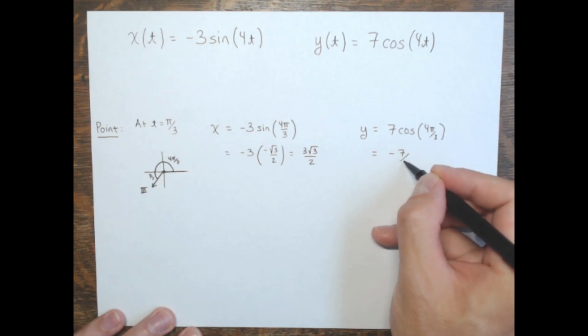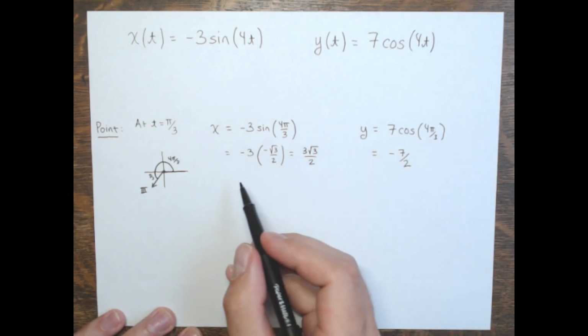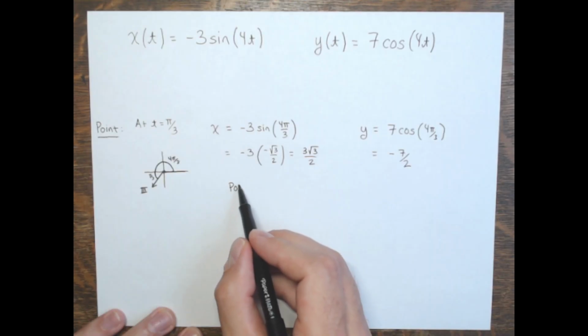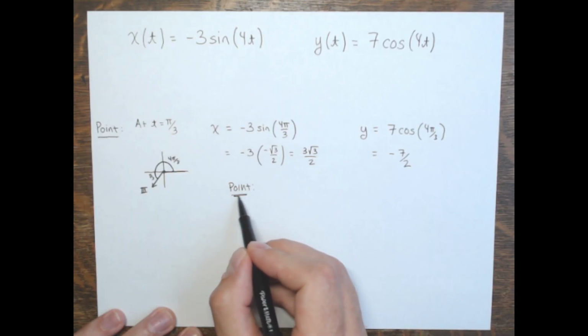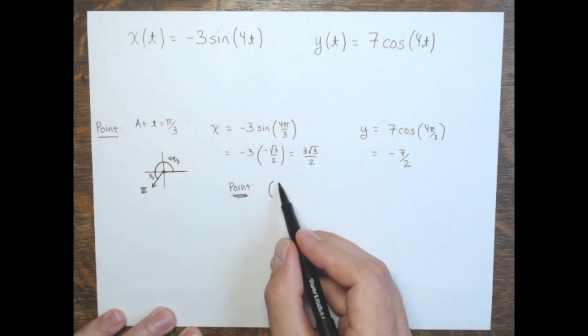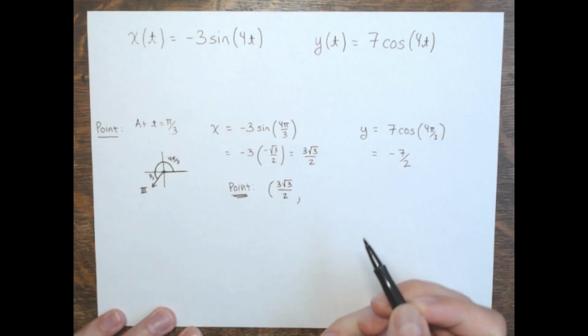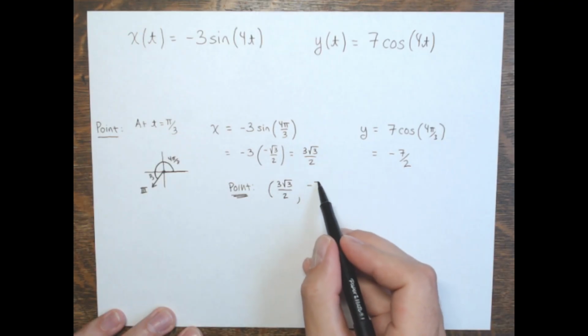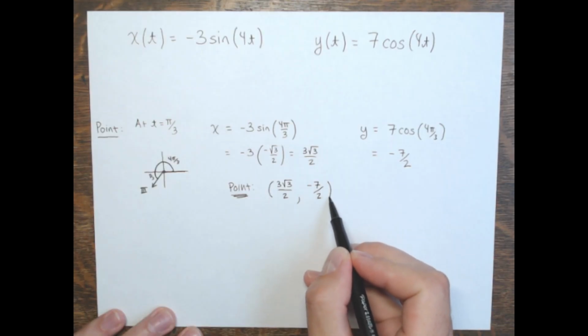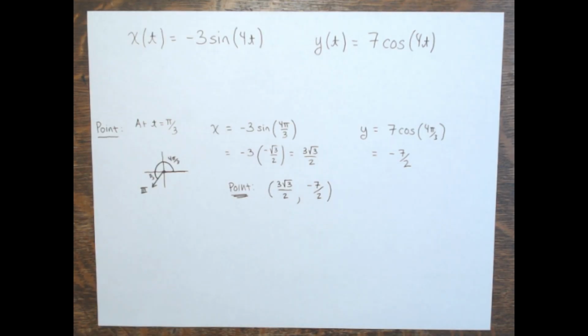So negative 7 halves. All right, so the point we're at has an x-coordinate of 3 times the square root of 3 divided by 2, and a y-coordinate of negative 7 halves. Okay.